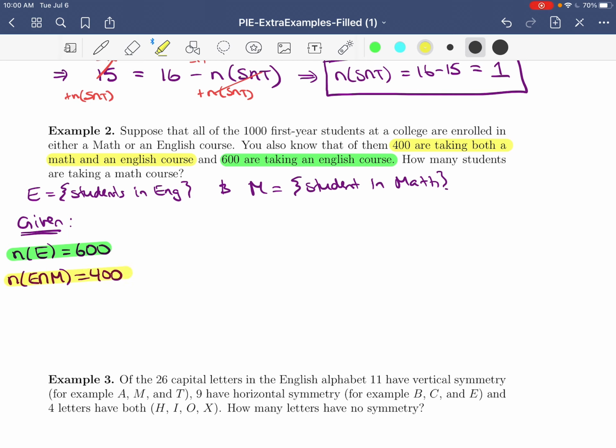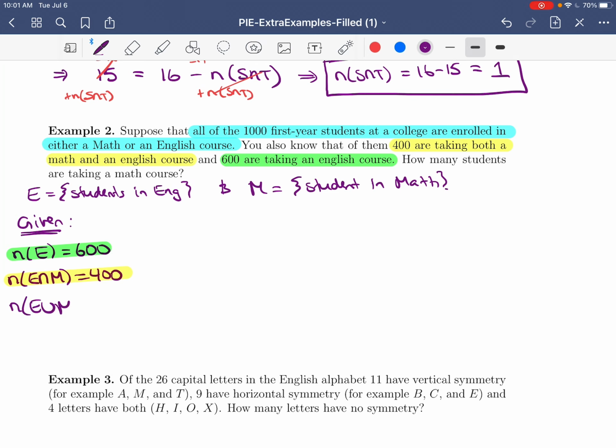Now if you think about the formula for PIE, there's 4 things in it, and so far we only have 2. The thing that is least obvious is this first statement up here. All of the 1,000 students at the college are enrolled in either math or English. That's actually giving us the union.